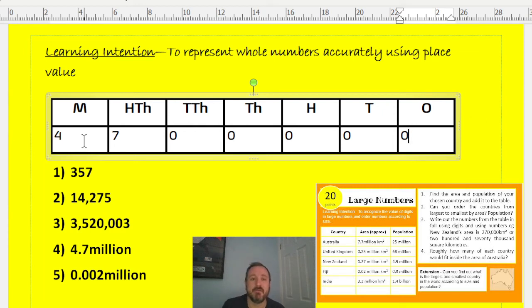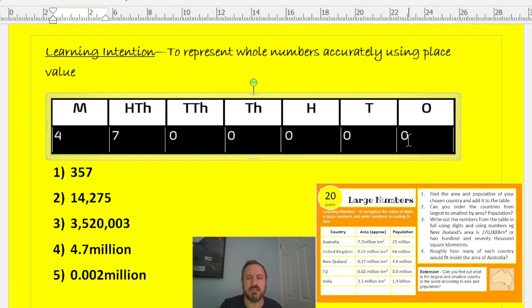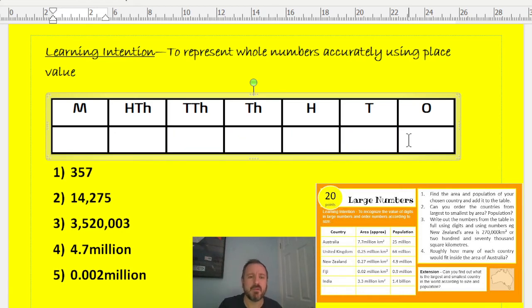Okay, and we have one more example to look at, and this one is slightly trickier again because it's a number that's got lots of zeros in it and a decimal point. We're going to work through this in exactly the same way. So we're going to think about that the first 0 at the beginning of that number, that's saying how many million we have. We had 0.002 million, but we're going to write that 0 in.